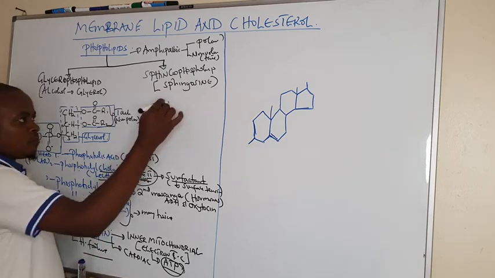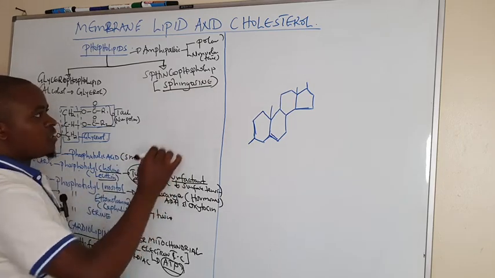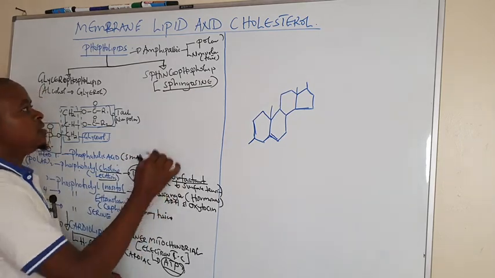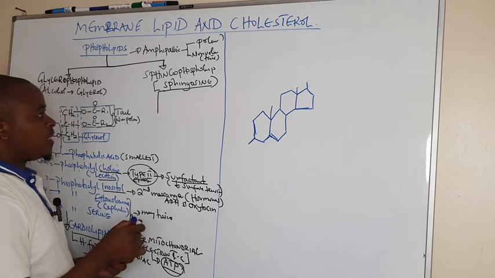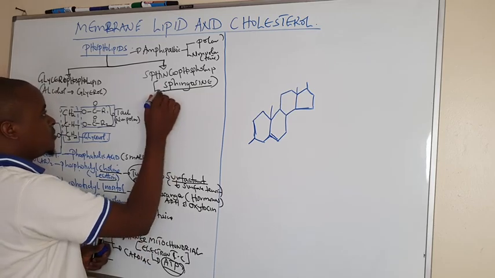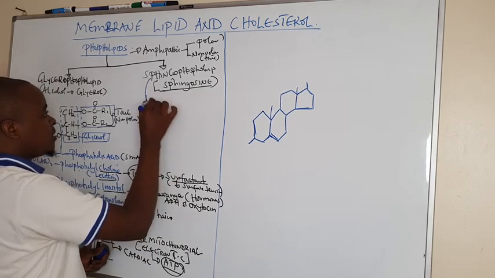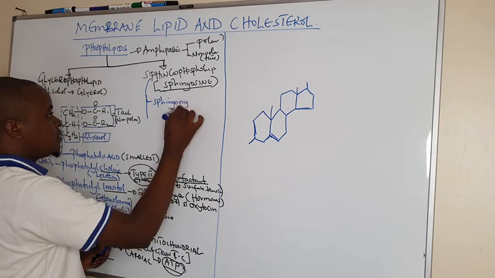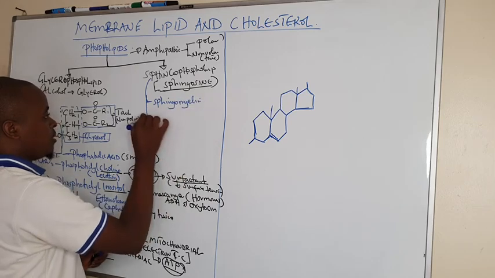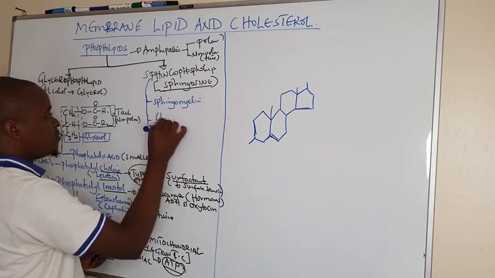Then for these ones with the alcohol sphingosine, the example we have is sphingomyelin. Then we can have also glycolipids.